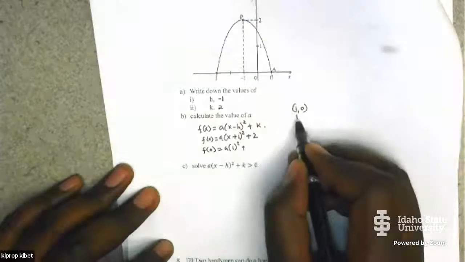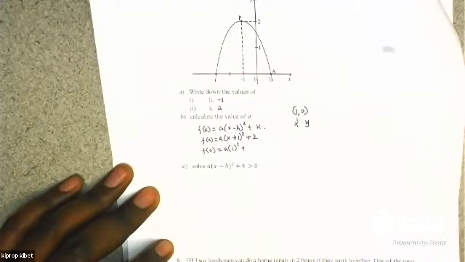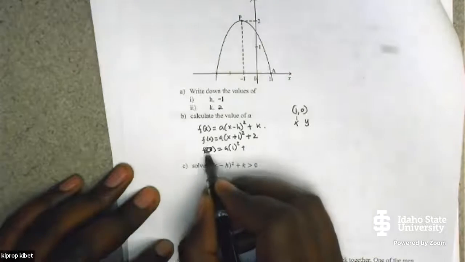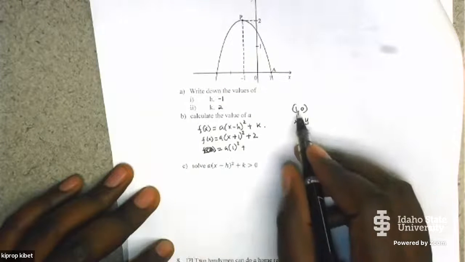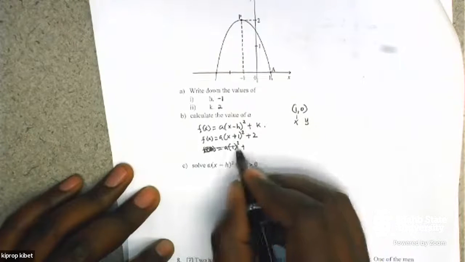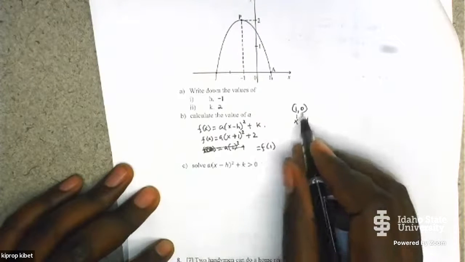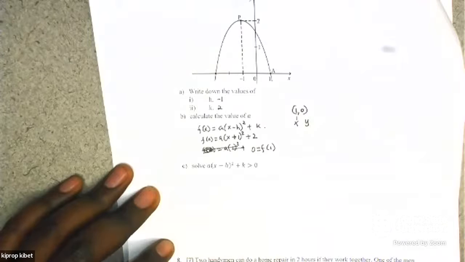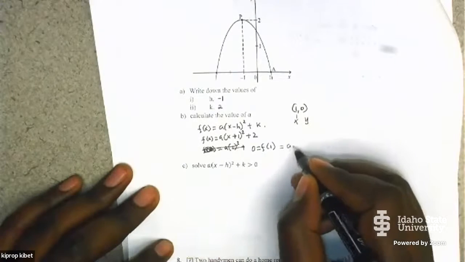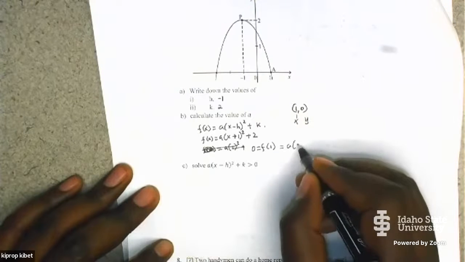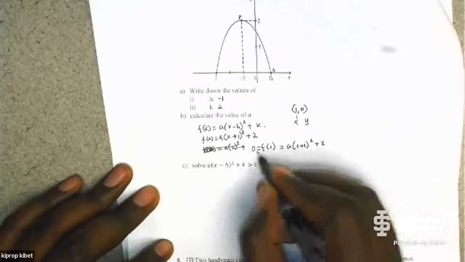So that means our x is 1 and our y is 0. So f of 1, where y is 0, is the same as 0 equals a times (1 plus 1) squared plus 2, and this is equals to what?